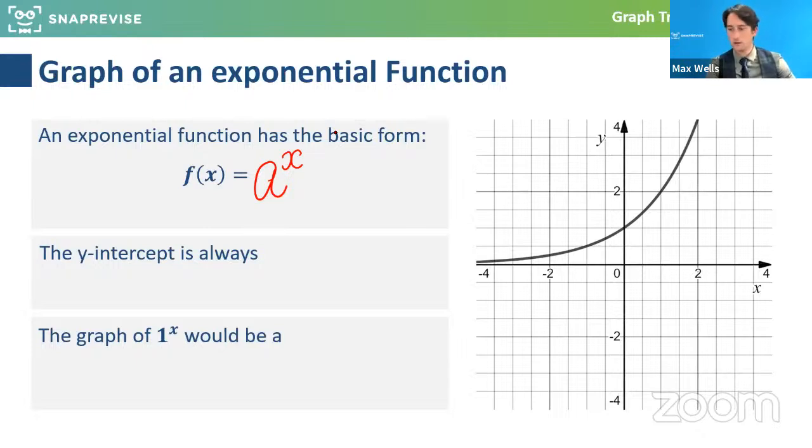Now, I'm going to start with the graph of 1 to the x, 1 to the power of anything, 1 to the 1, 1 to the 2, 1 cubed, 1 is all 1. So 1 to the x actually is just another way of writing the line y equals 1. Okay, that's what the line y equals 1 to the x looks like. Okay, this is just a horizontal straight line.